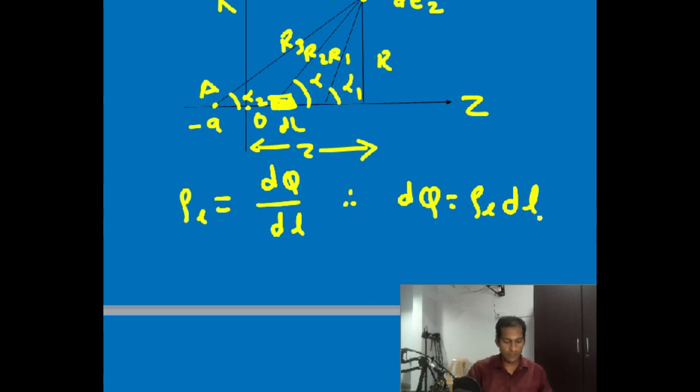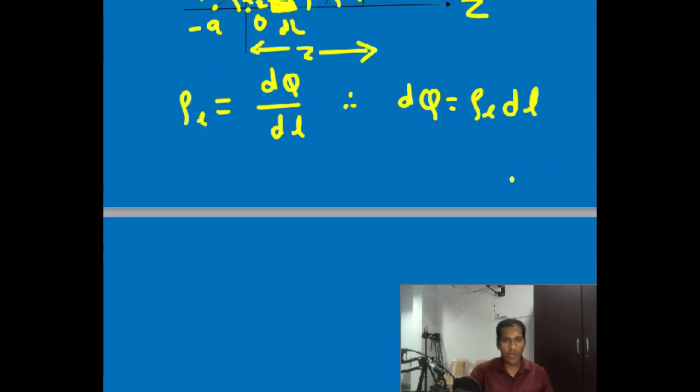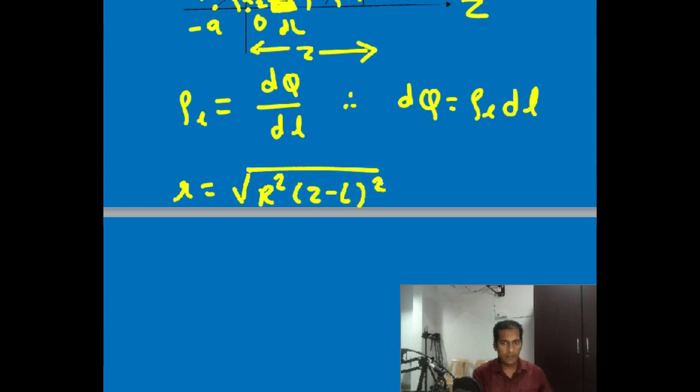So this is differential charge. Now small r, we can get here as square root of r square plus z minus L square.